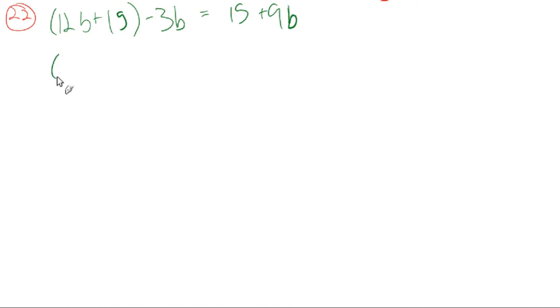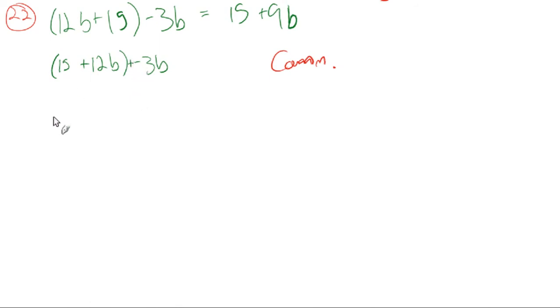So let's put 15 here and add 12b here. Minus 3b, what did we do? We used the commutative property. Okay. And now we want to have 12b and negative 3b interact. Can they? Yes, because really this is the addition of negative 3b.